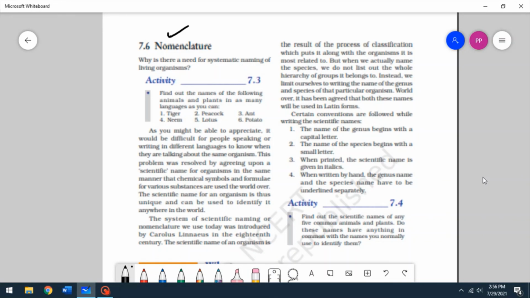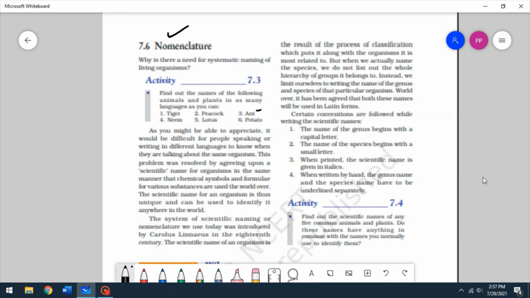It would be difficult for people speaking or writing in different languages to know when they're talking about the same organism. A tiger can be called various different things in various different languages. So it is with a peacock, an ant, neem tree, lotus, potato that they gave here.